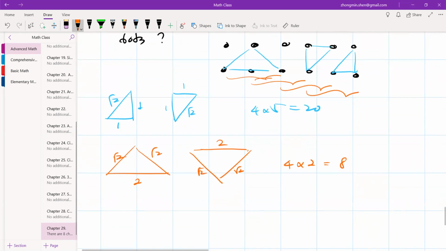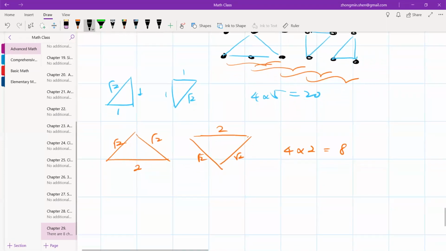Okay. Any other type? Yeah, you can also have the one longer here, right? It's a square root of 5. And this will be 1, 2, 3, 4.